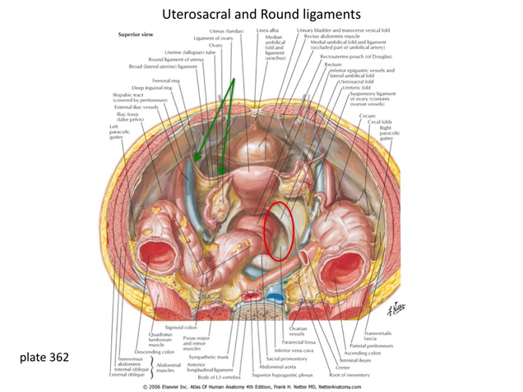The homologous structure in males is the vas deferens. Okay, so embryologically they have the same origins, but in females it closes off and becomes a ligament. In males it stays functional as the vas deferens. So that's the round ligament.